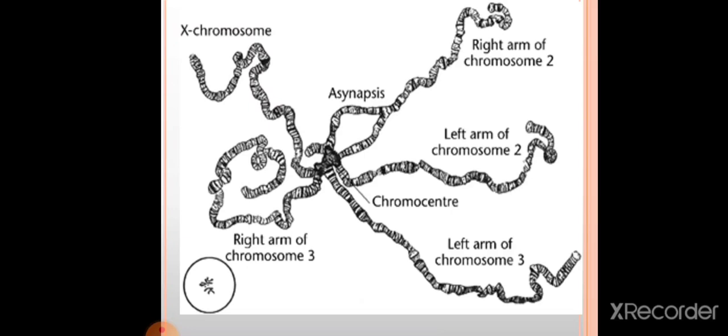Each of the 5 main limbs, which are the X chromosome, 2L, 2R, 3L and 3R, contains 20 divisions. The short chromosome 4 contains only 2 divisions.